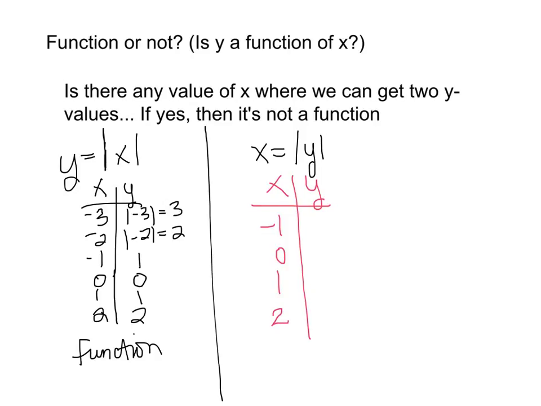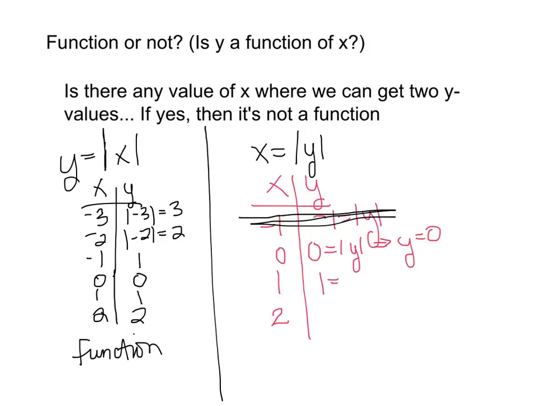Okay, so the first thing we'd have to ask ourselves is, is -1 ever equal to the absolute value of y? And the idea here is you guys know that this is not true, right? This is inconsistent because the absolute value always gives us a positive value. Is it possible to have 0 equal to the absolute value of y? Well, sure. That would be true if y was 0.